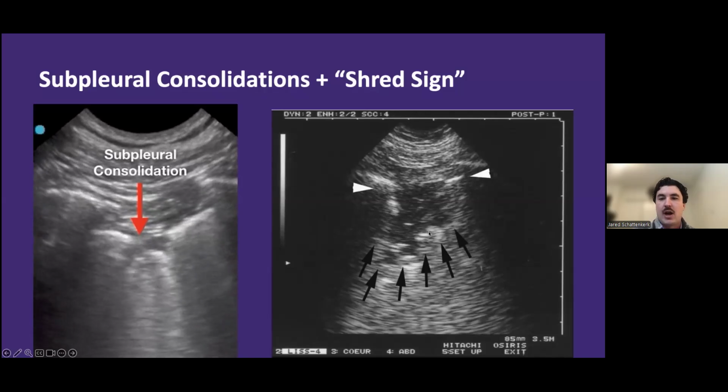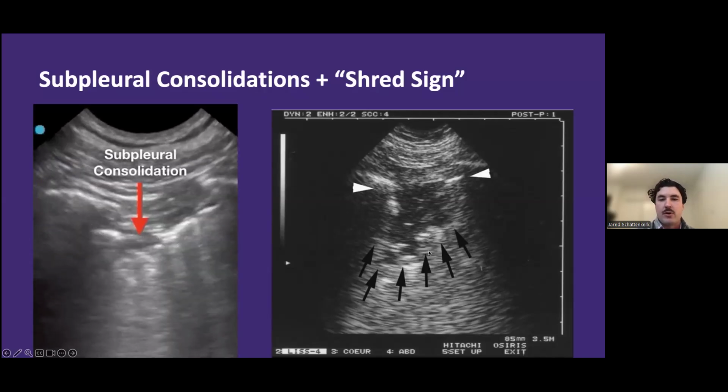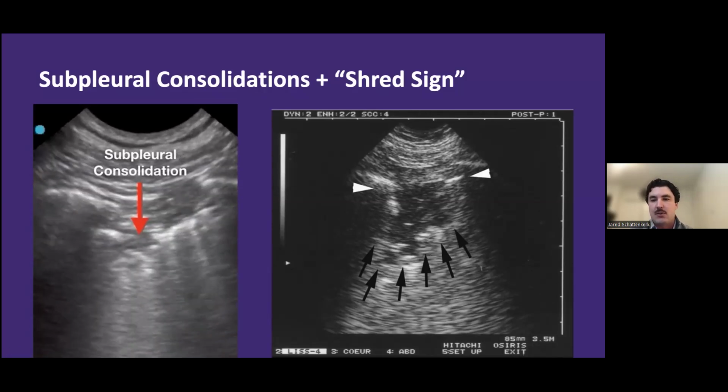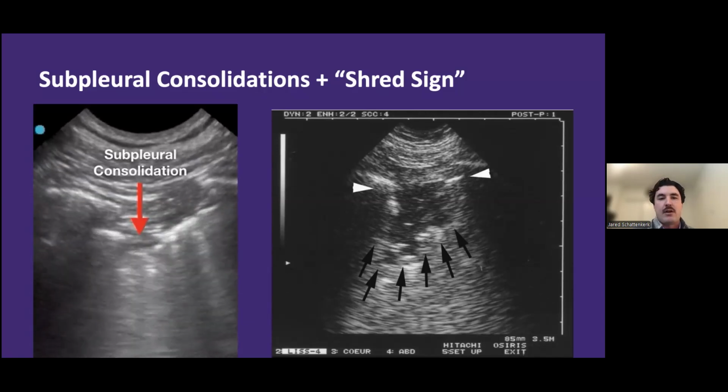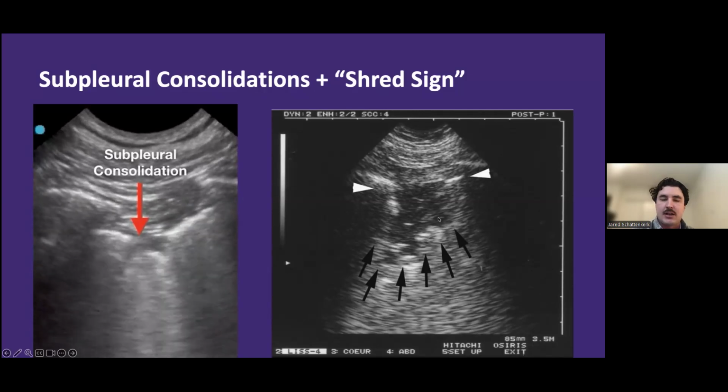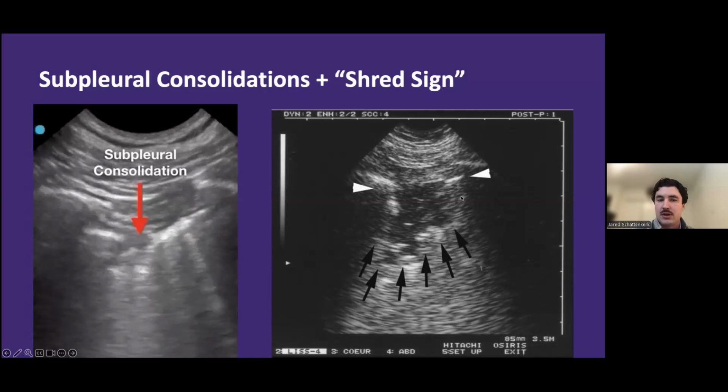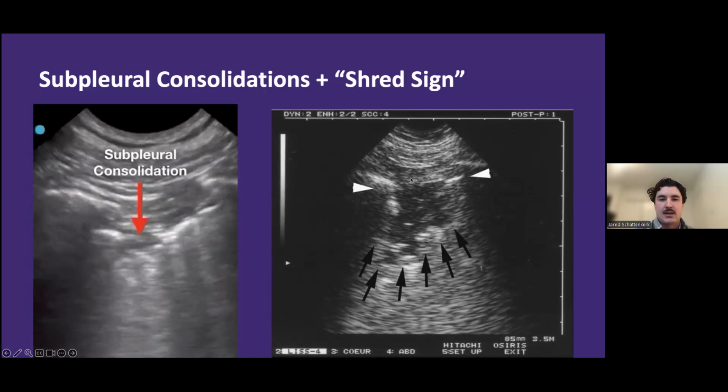It almost looks shredded, and represents the border at which that fluid-filled tissue meets the air. Again, we can't say whether that's water or pus in the alveoli, but we know there is something there. The one confounder is you can also sometimes see this with atelectasis. So it's important to use your other clinical clues to differentiate between atelectasis and, say, a bacterial pneumonia.